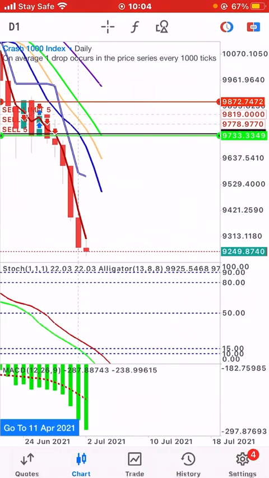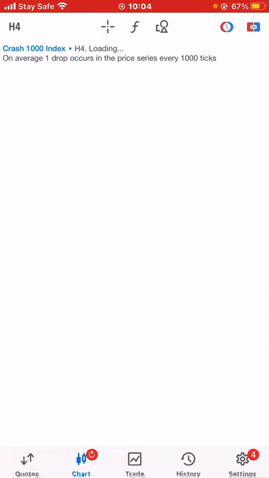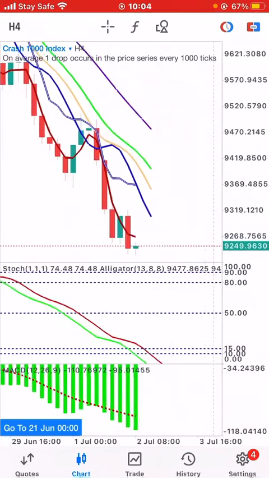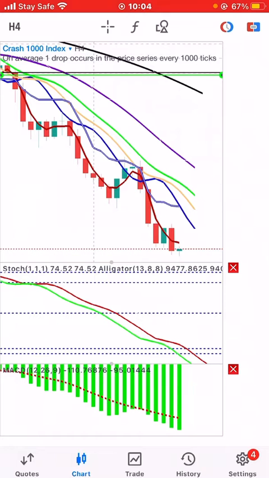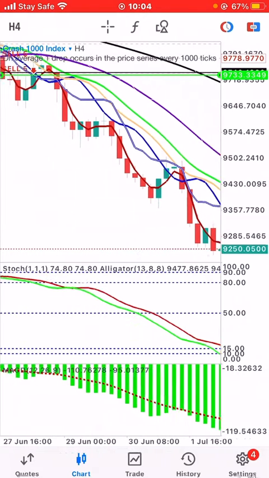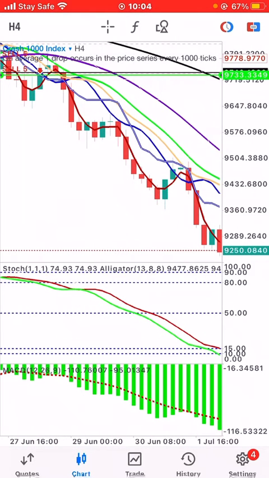Daily time frame, bearish. 4 hours time frame, all I'm seeing is a bearish structure. So you have checked your weekly, daily, and 4 hours time frames, and figured out that the main direction of the trend is a bearish trend.